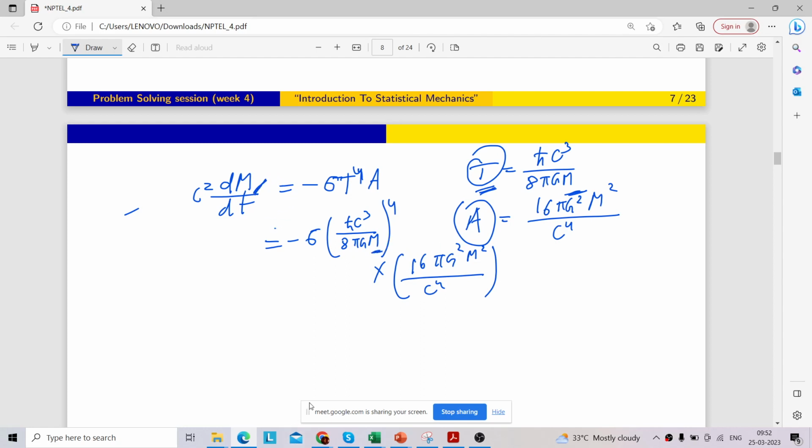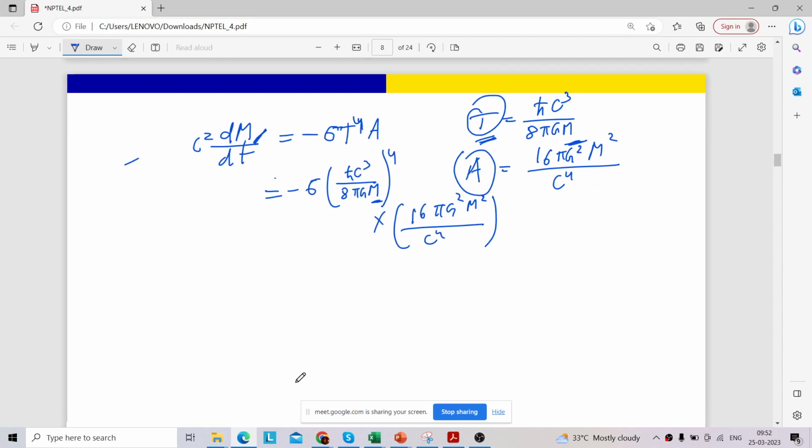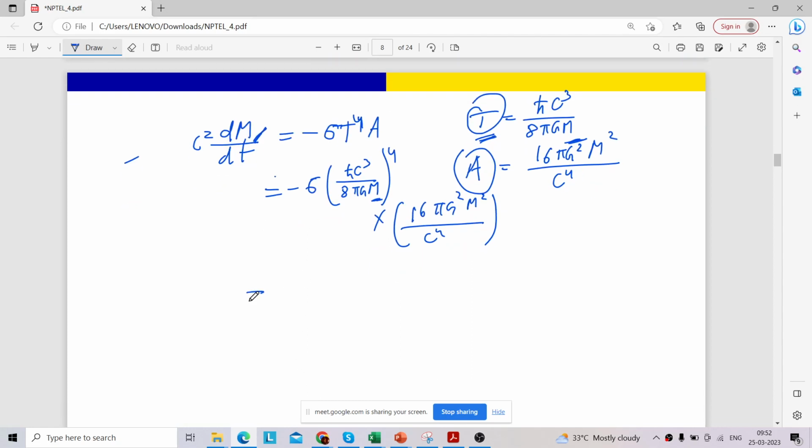So let's take out all the mass terms from these constants. So this is minus sigma, h cross c cubed by 8 pi G to the power 4.